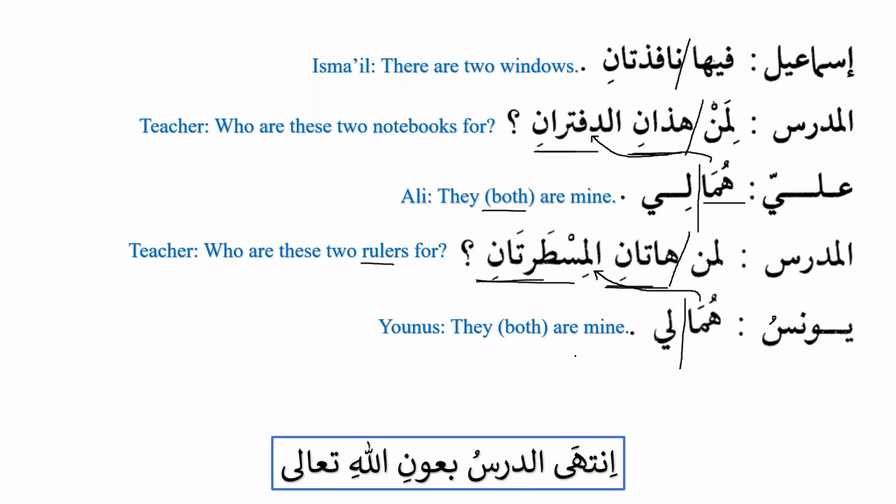So I want you to first please practice as much as you can for the dual. We have learned the dual for the noun, for the singular feminine, and for the singular masculine. And similarly, we have learned the dual for asma al-ishara lil-qarib. For hada, it is hadani, and for hadihi, it is hatani. Now, inshallah, it's up to you to practice. And when we meet again, we will do the exercises.